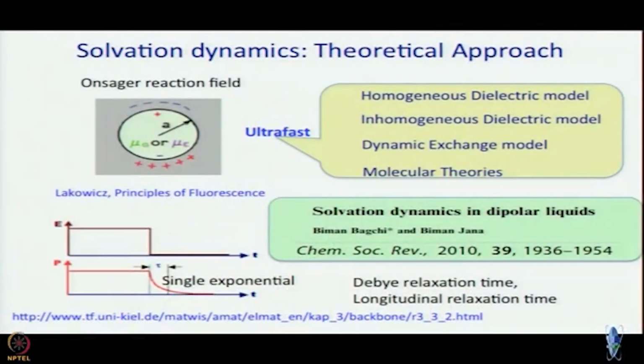Then, the third thing that you have to consider, and we are going to harp upon this a little later as well, is dynamic exchange. See, this is not a static picture. You have a solvent Berg model, fine. You have some of the solvent dipoles oriented nicely around the solute dipole, but it is not as if the solvent dipole present in the first solvation shell is going to be there forever.